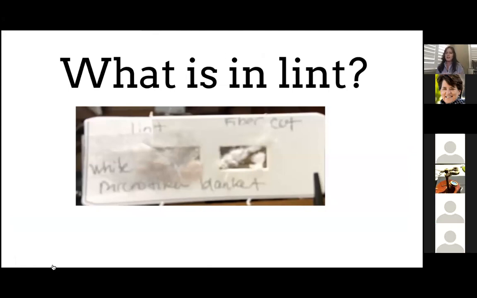So comparing and contrasting: when I recognize the microscopic fiber of the material, can I recognize that in the lint? And just investigating and researching how these things from our homes are getting out into the environment. So again, I think these ideas are easy for kids to explore, accessible at home, and hopefully easy to tie in across the grade levels.